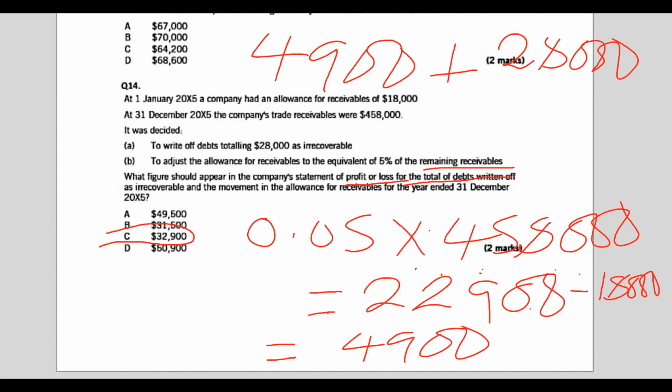Okay, I've gotten the submission, but my question to you is, what do you understand by remaining receivables? Because it is not just saying the receivables, it says the remaining receivables.